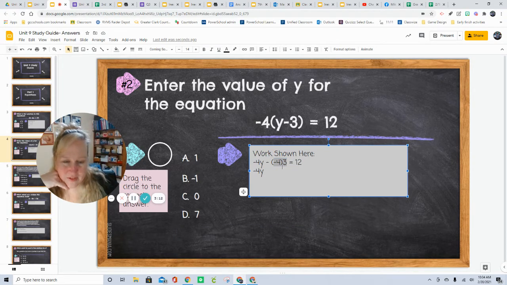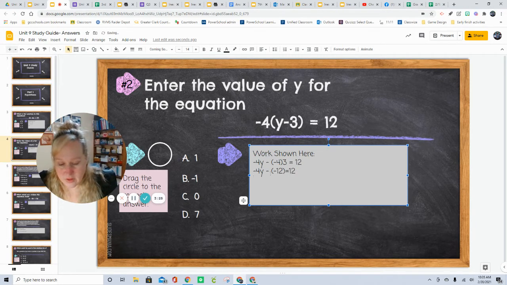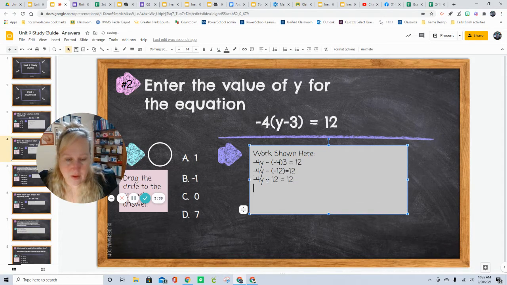Sorry, I had a moment. So I'm bringing down the negative right here. And negative 4 times 3 is negative 12, which equals 12 over here. So negative 4y, but notice I have two negatives next to each other, so that turns into a positive 12 equals 12. Now I can subtract 12 from both sides.